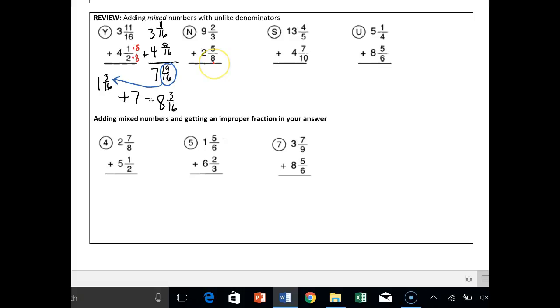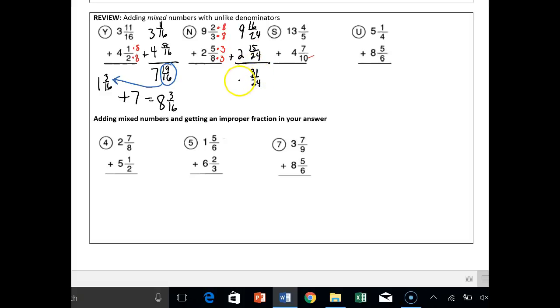So for 3 and 8, the least common multiple actually happens to be 24. So 3 times 8, 2 times 8, and then 8 times 3, 5 times 3. So 9 and 16/24 plus 2 and 15/24. So notice how I don't add up the whole numbers just yet. And then I have 16 plus 15. I did it again. That's 31/24.